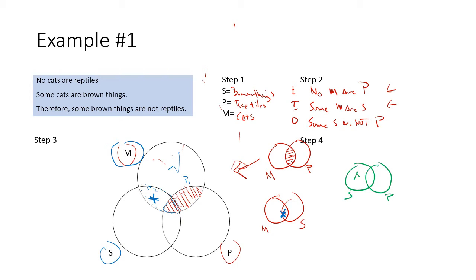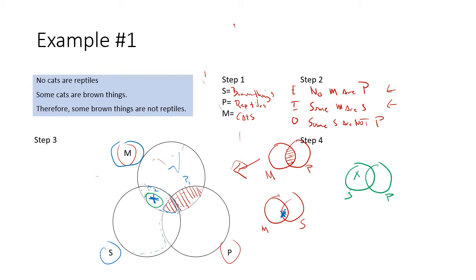So let's look over here, see if we have this picture. I mean, we have a little bit more, obviously. We've got some stuff that's been shaded in. But basically, we just want to look at this X. Is this X where it's supposed to be? So if it's in the right place, it'll be inside the S circle and outside of the P circle. And you'll notice that, yes, here's this X, it's inside the S circle, it's outside of the P circle, it's where it needs to be in order for that conclusion to be true, right?